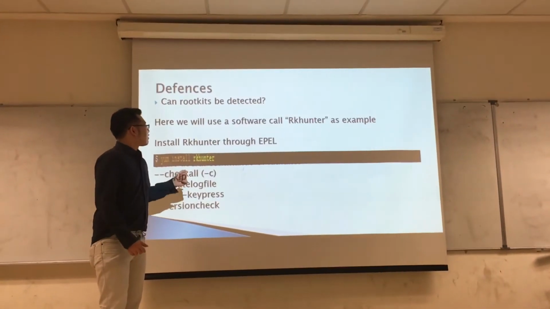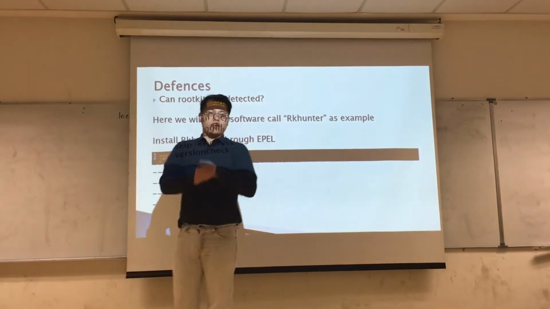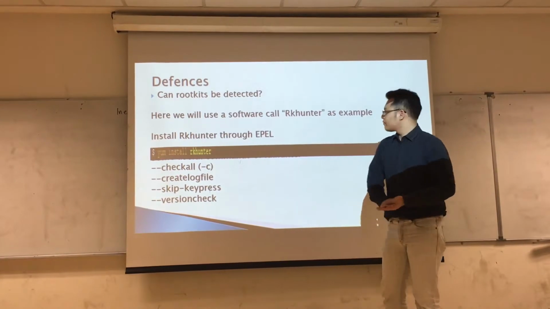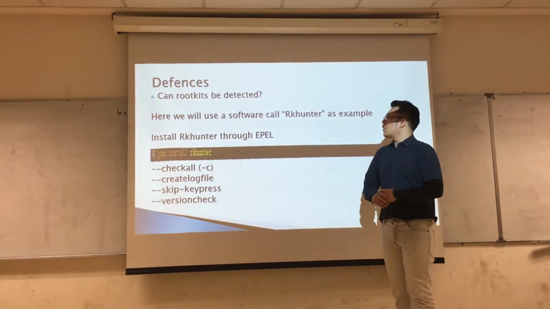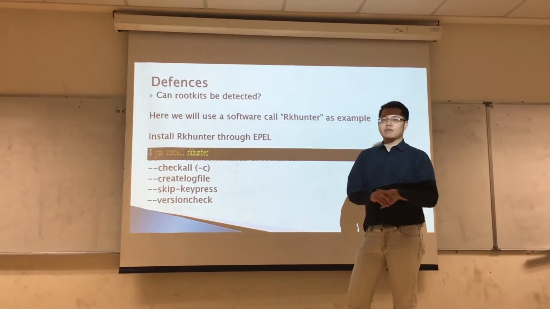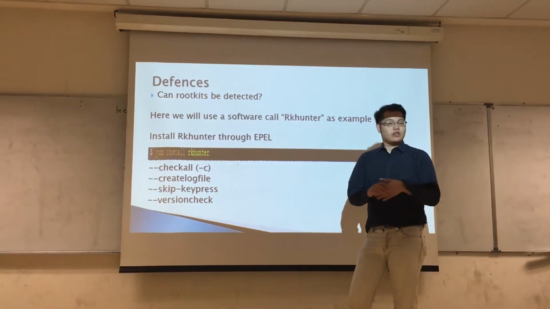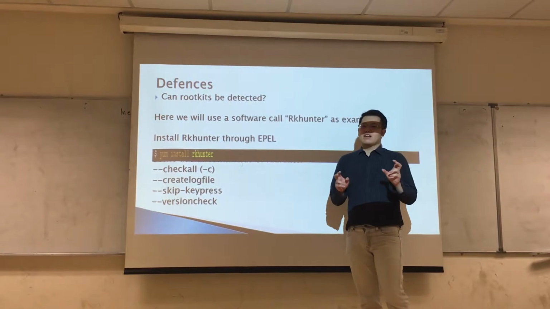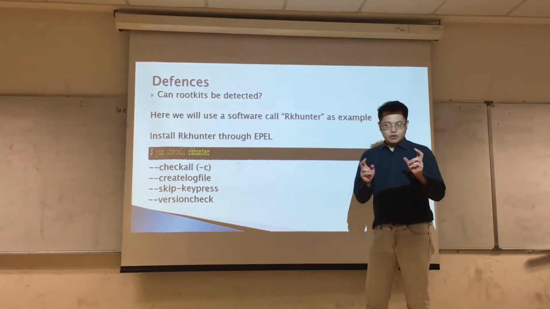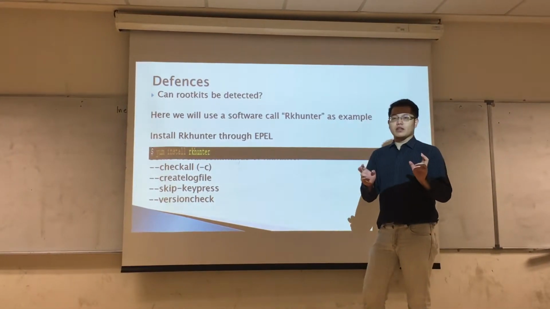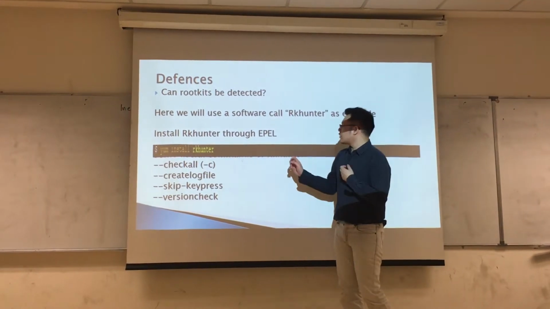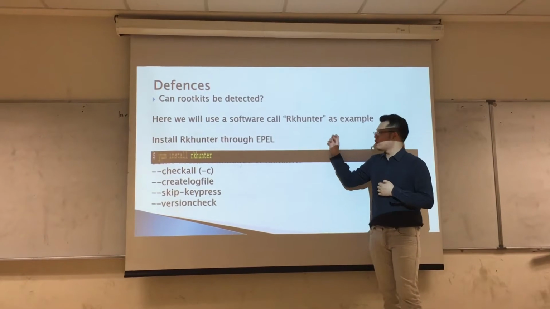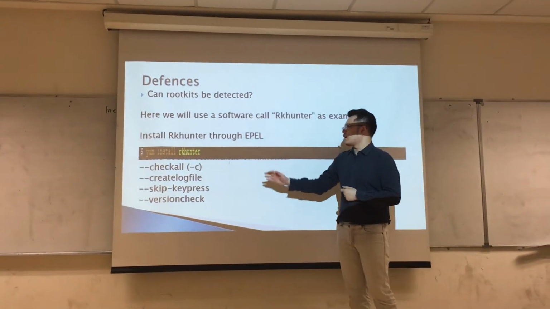Okay, but the thing is, can we detect or defend against a rootkit? Now, here we are using the same computer that Mr. Black put the rootkit inside. Now, Mr. White is suspecting someone might have hacked his computer, so he is using a software called Rootkit Hunter.